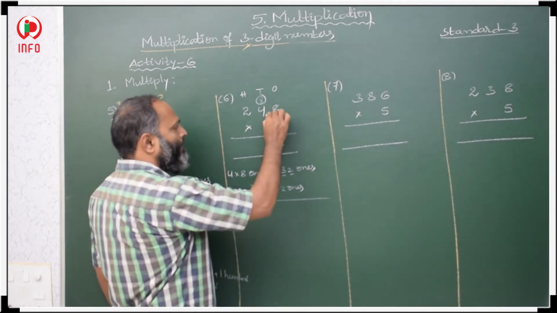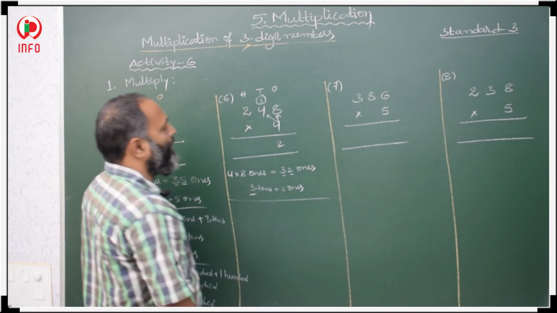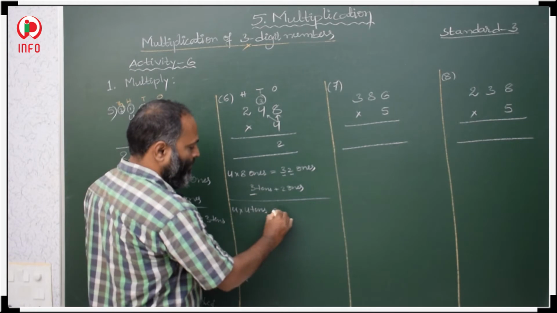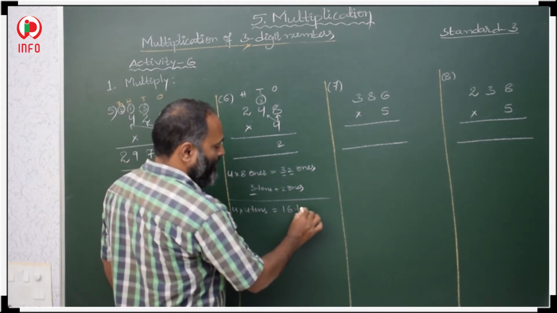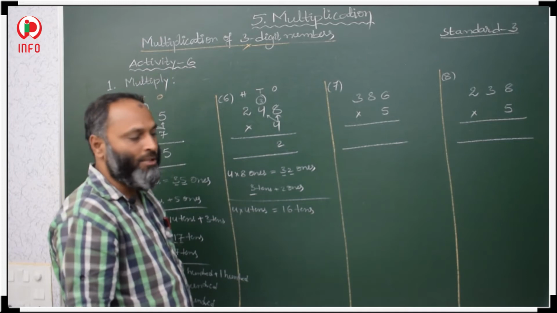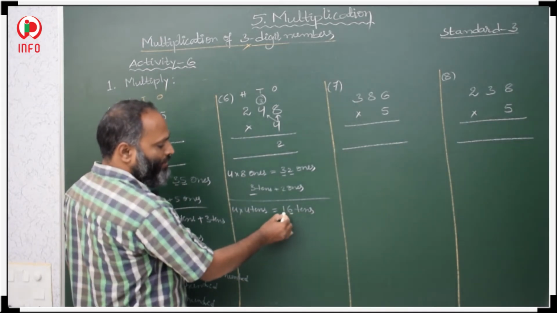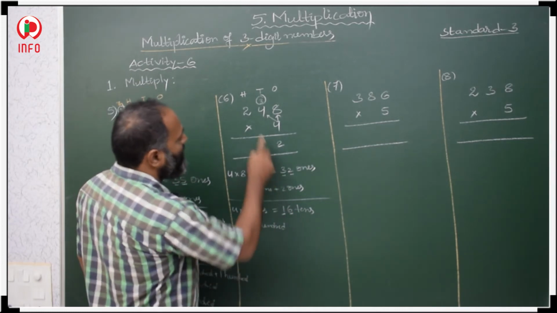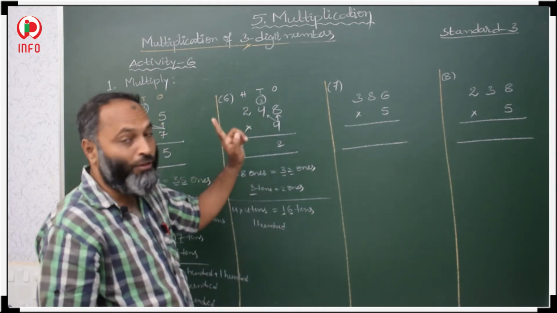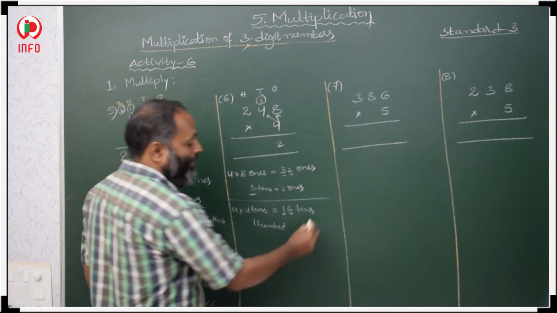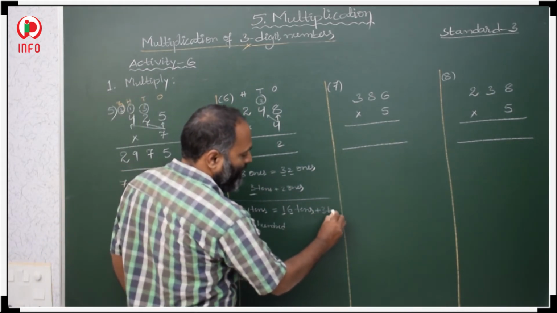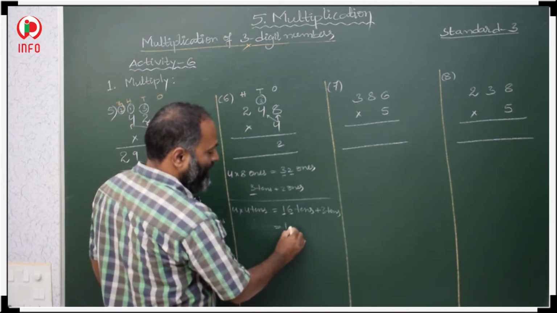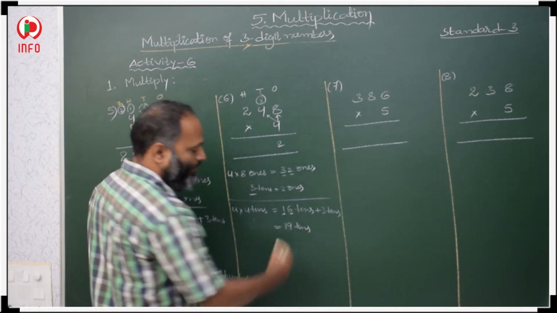Next, tens place. Now we multiply 4 with 4 tens. 4 4s are 16 tens. 16 tens means 6 tens and 100. Also here carry over is there, no? Don't forget this carry over, we also have to add, plus 3 tens. 16 plus 3, 19 tens.